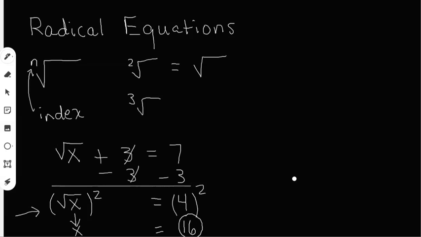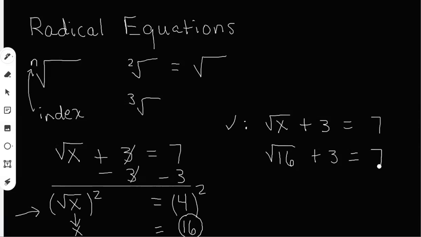To check the answer, I always start off with the original equation that I was given. And that was square root of x plus 3 is equal to 7. What I'm going to do is take the answer that we got and plug it in for x. So I get the square root of 16 plus 3 is equal to 7.